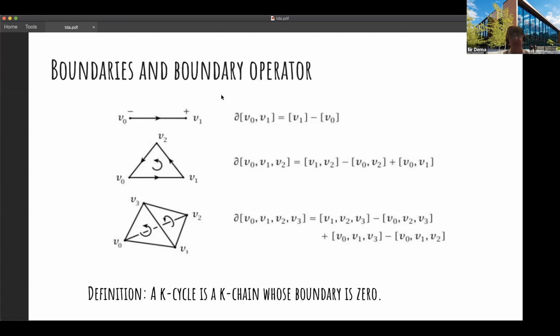For instance, if you take the simplex v0, v1, there are 2 boundaries, because you can either remove the vertex v0 and get v1, or you can remove the vertex v1 and get v0.